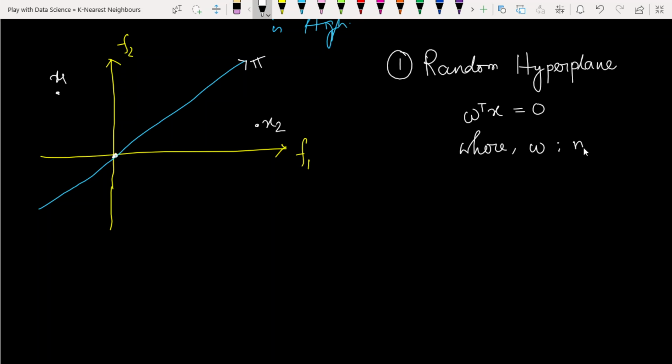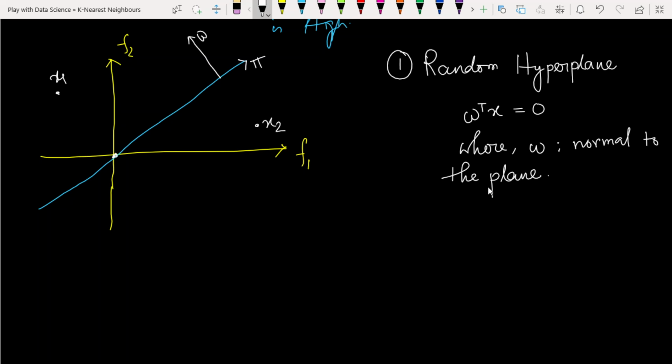So what does w look like here? If this is the pi plane, then w will look like this, simply normal to the plane.